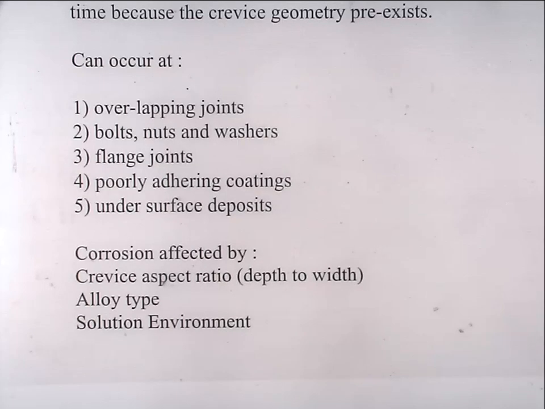And this is true for a lot of types of corrosion, so pitting, crevice, stress corrosion cracking, and you'll see some examples of failures as we go along. It's tied up with where is the oxygen.